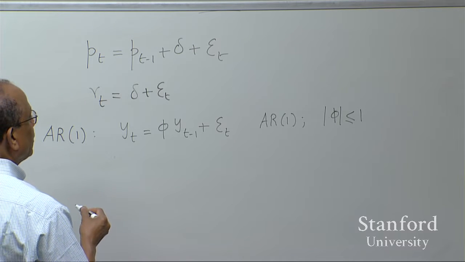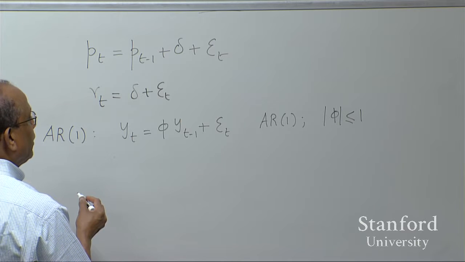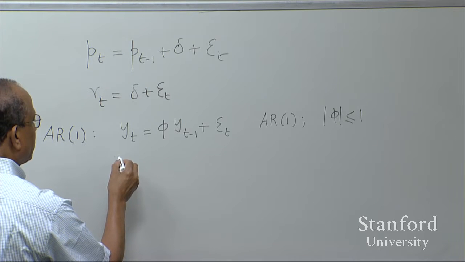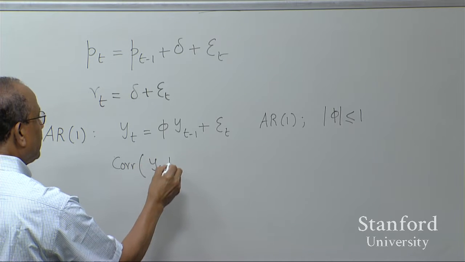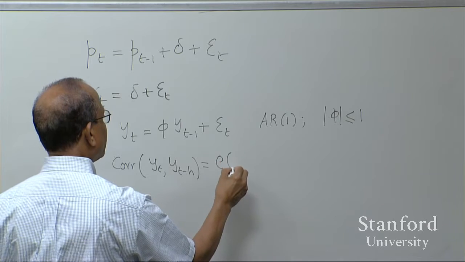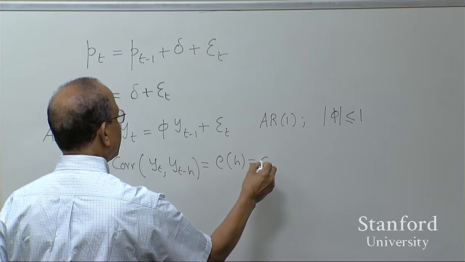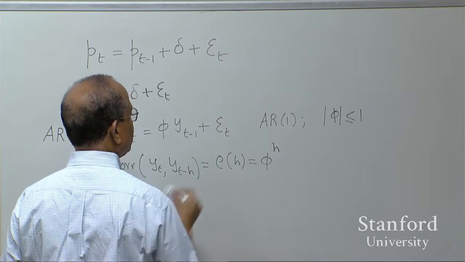I think you can show that if you look at the autocovariance between t and t minus h, so let me write a correlation between yt and yt minus h, which is given as rho of h. You can show that this is pi to the power h.